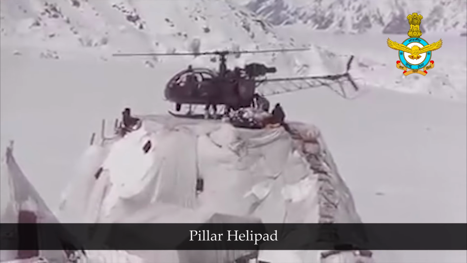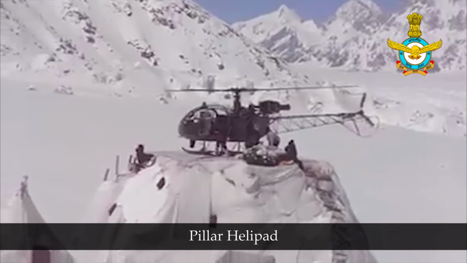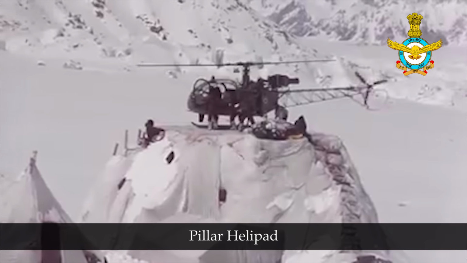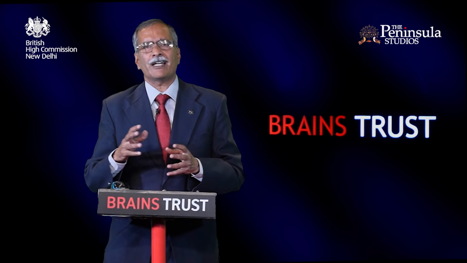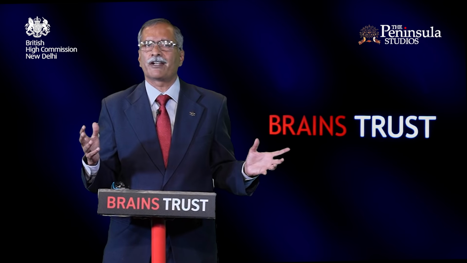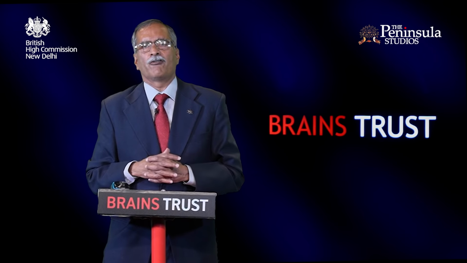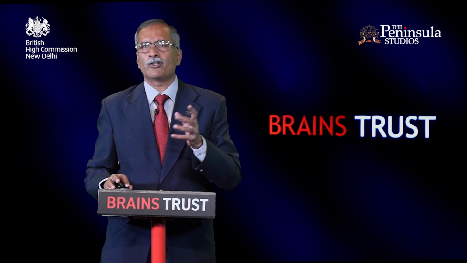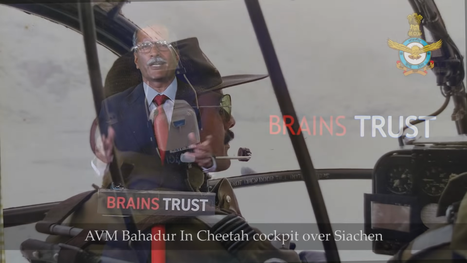So you cannot do anything on instruments as such. Visual cues are so vital, since this is flying in an extraordinary environment which doesn't exist anywhere else in the world actually.